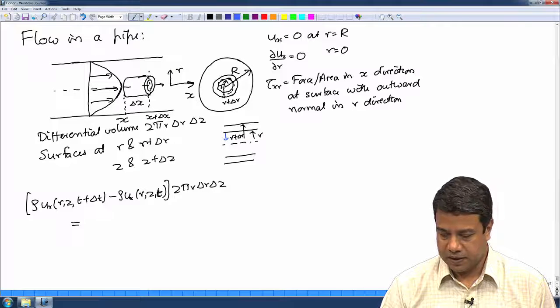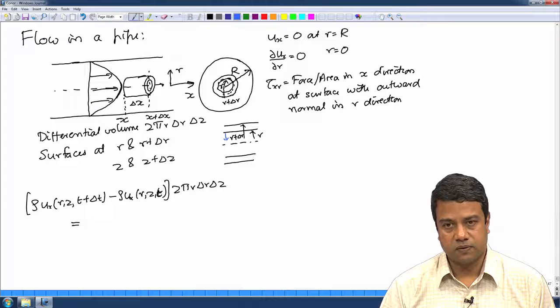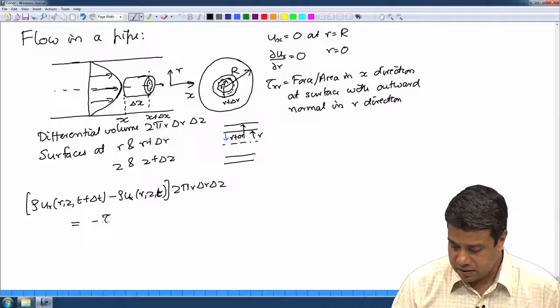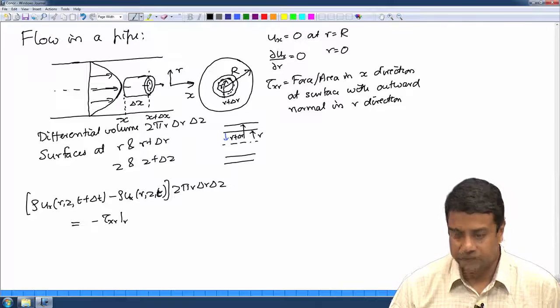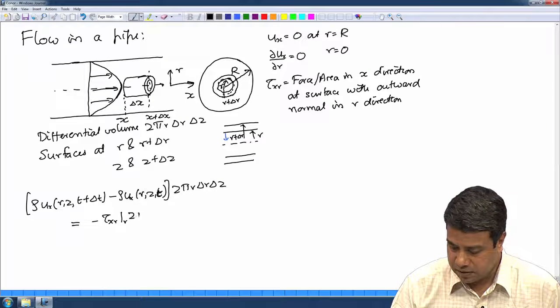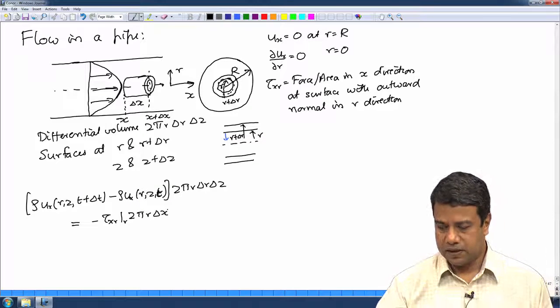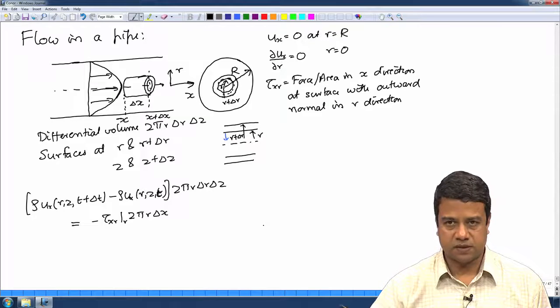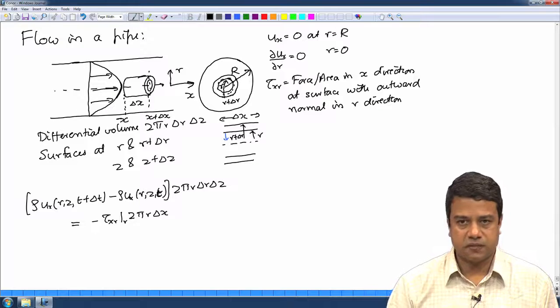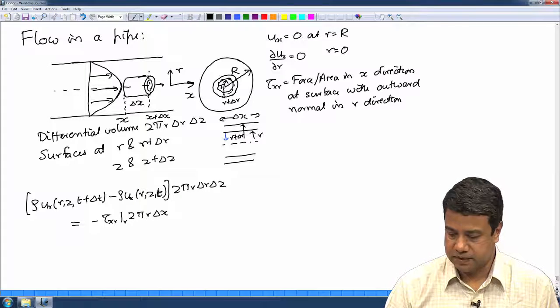Therefore, the force is equal to the stress times the area, and this will be equal to minus tau x r at r times the surface area, 2 pi r delta x. The surface area is the circumference 2 pi r times this width, delta x. That is the force at the inner surface.